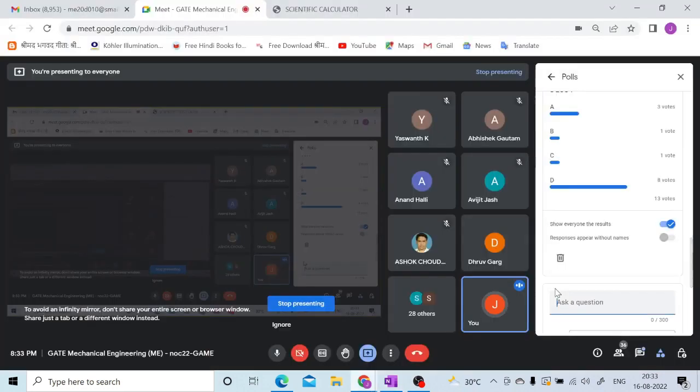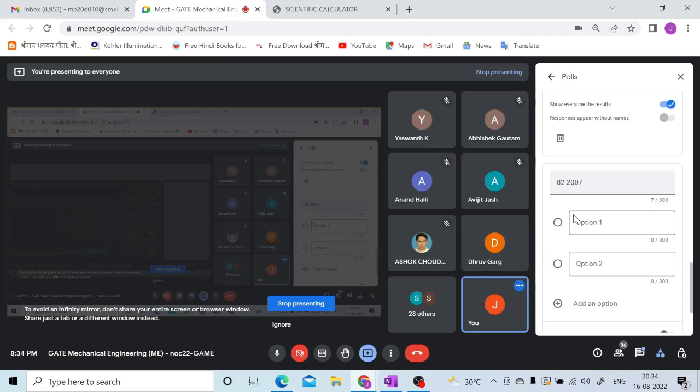It is question number 82, right? Question number 82 in 2007. Options A, B, C and D.